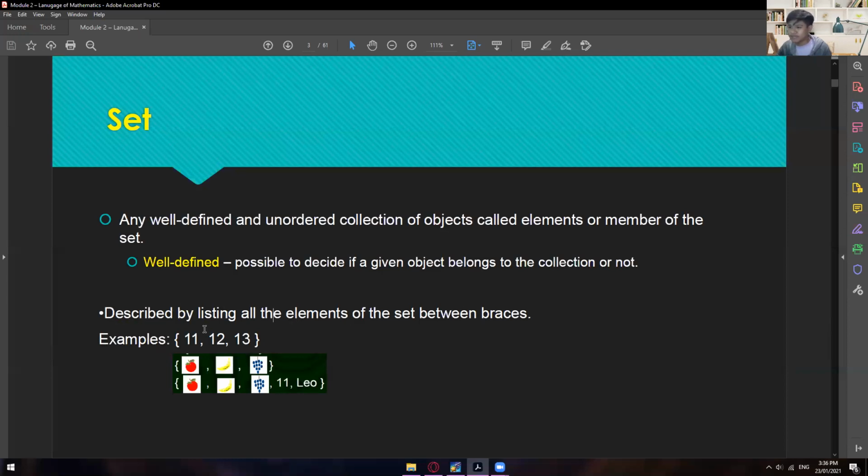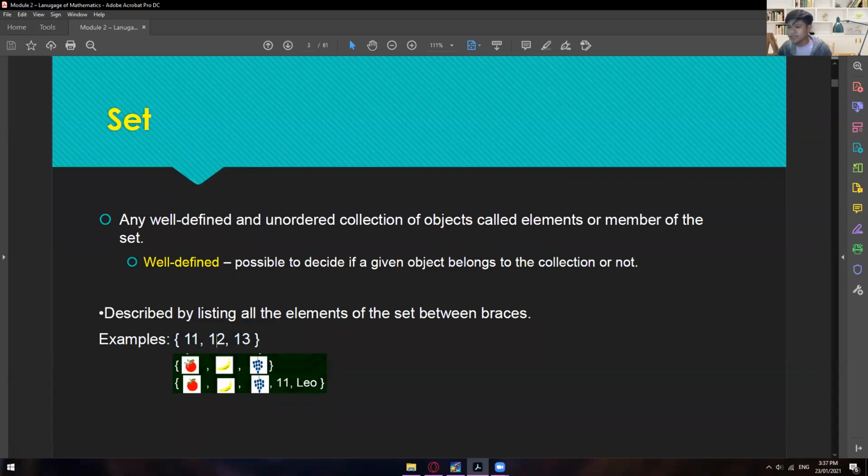The set starts with curly braces, just like this one, and anything inside the curly braces, separated by commas, are called elements. As you can see right here, we have a set that contains 11, 12, and 30. Each of those numbers we call elements. So we have 3 elements in total in this example.